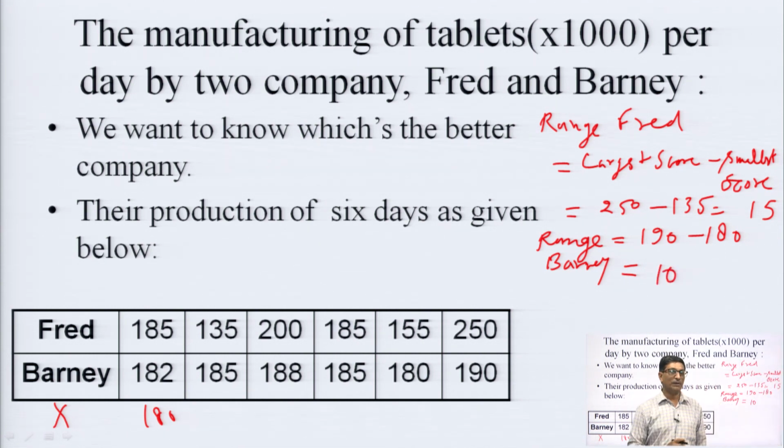So, with the help of these ranges, we observe that the variation in the first company is more than in the Barney company, because it has a range of 115 and the range for Barney is 10.